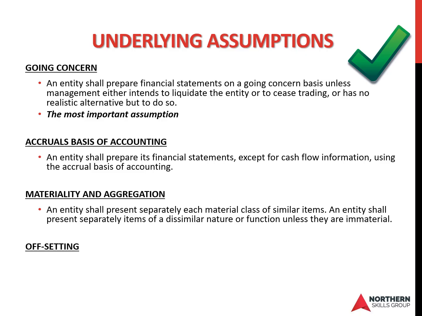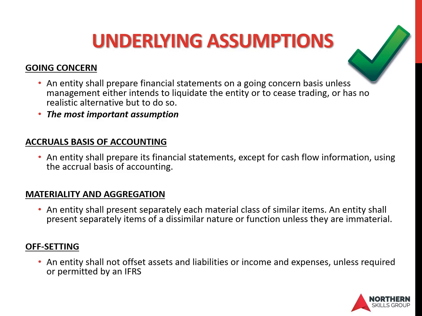And finally, no offsetting. If you've got receivables and payables relating to the same company, or you've got money in one bank account and a bank loan elsewhere, you cannot set those assets off against those liabilities. They normally have to be shown separately.